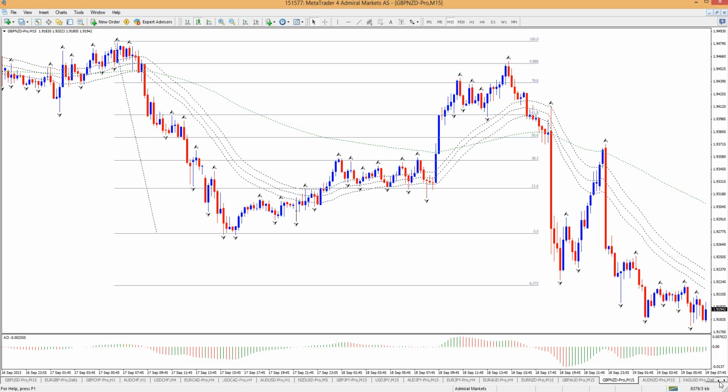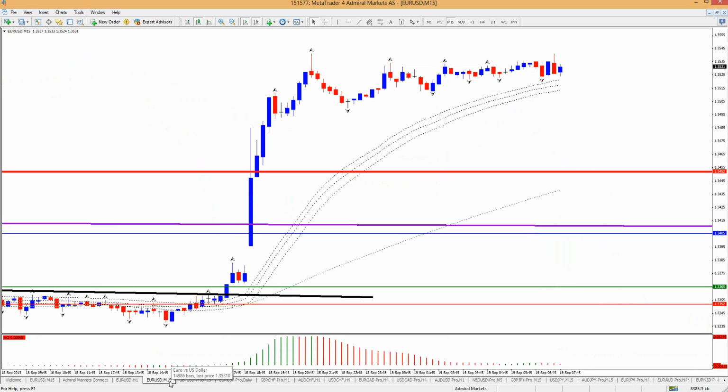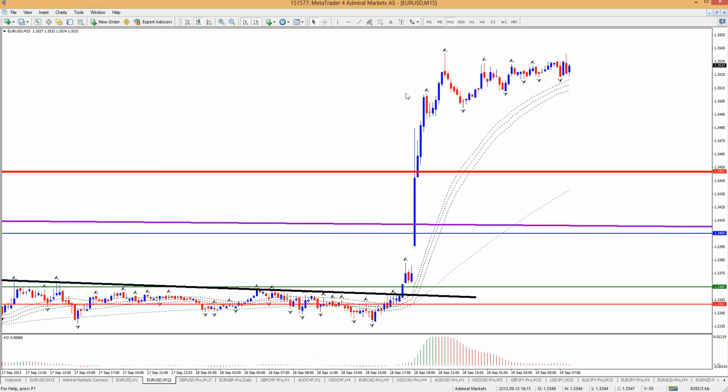First of all, before we do intraday trading, I think we have to take a look at how the technicals are looking to behave now that we've had this impact of the FOMC.